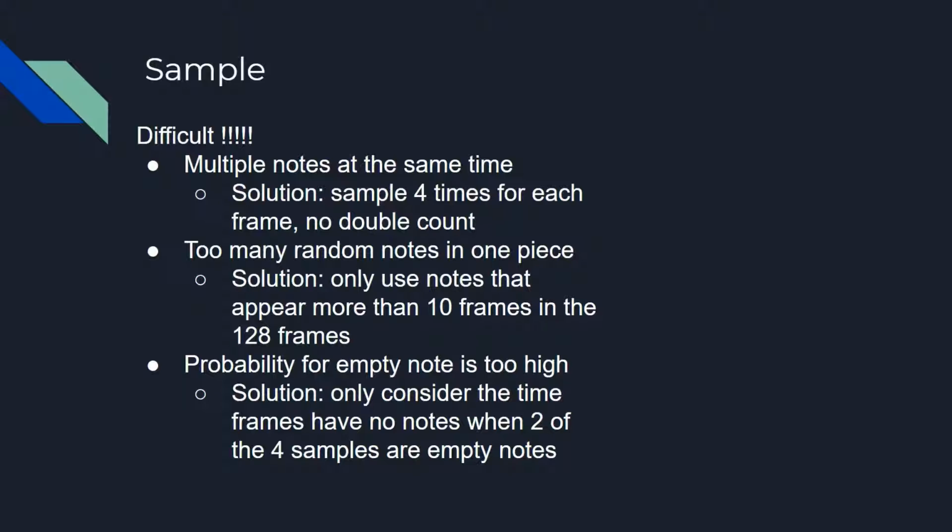The second problem is that there are too many random notes generated in one piece. Our solution is that we only use notes that appear more than 10 frames in the 128 frames. The third and last problem is that the probability for an empty note is too high. To solve this problem, we only consider the time frames to have no notes when two of the four samples we generated are empty notes.